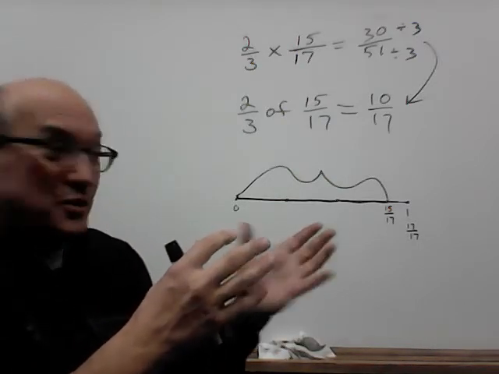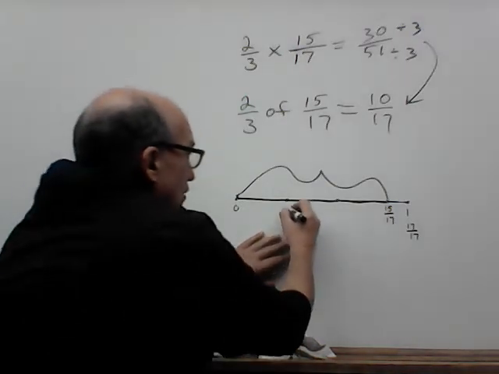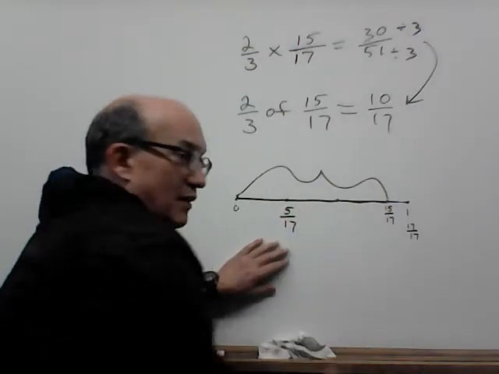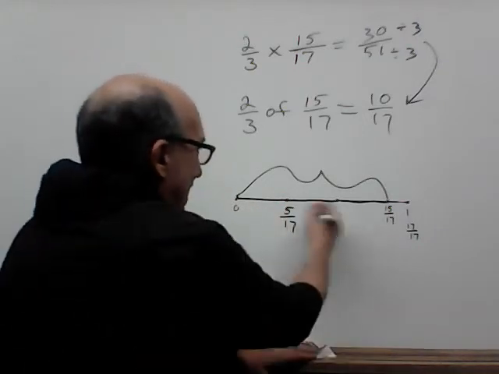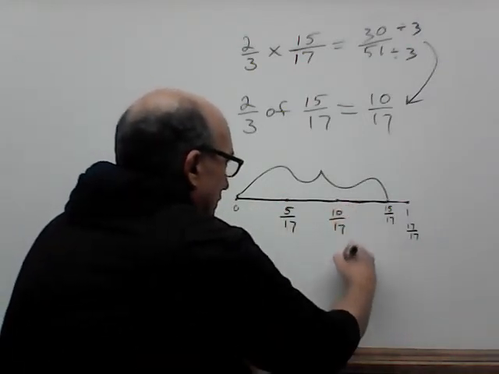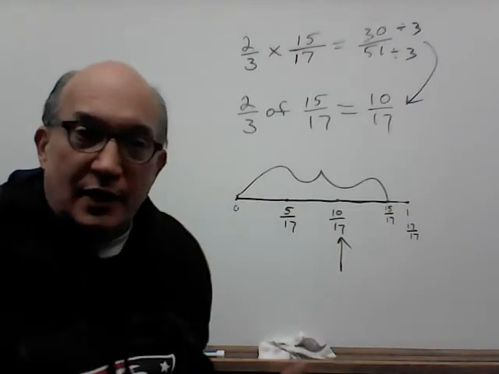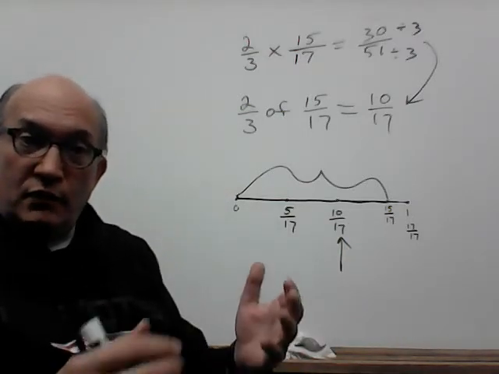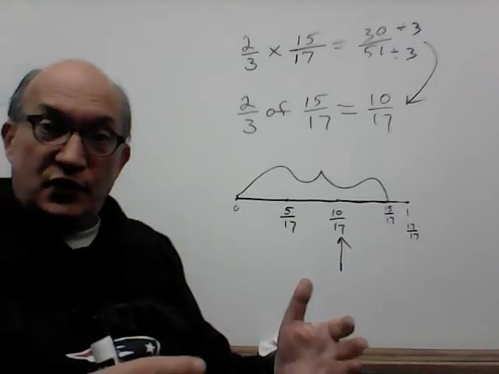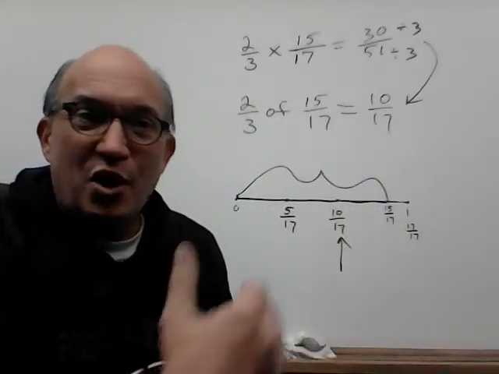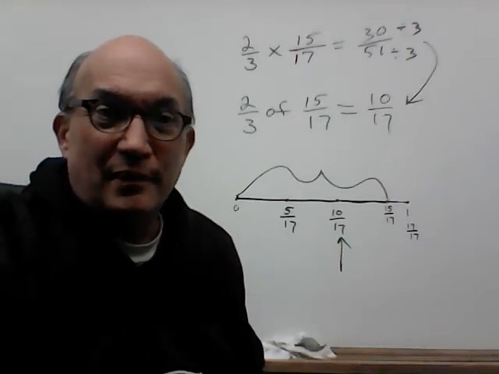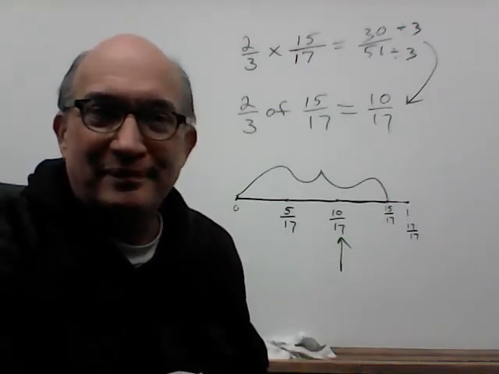Well, what are the names of these points? Well, this, of course, is 5/17, and with the ruler, that was 5 inches. Right? And this point here is 10/17. That's the answer. We've divided 15/17 into 3 equally sized pieces, and then we go to the second one, which is always how fractions work. So there you go.